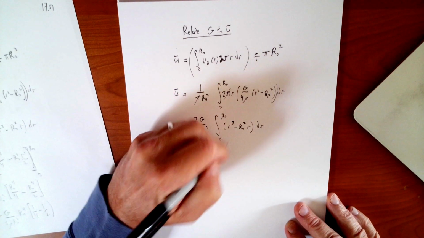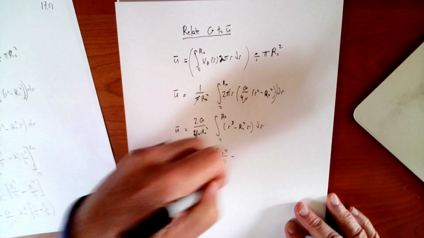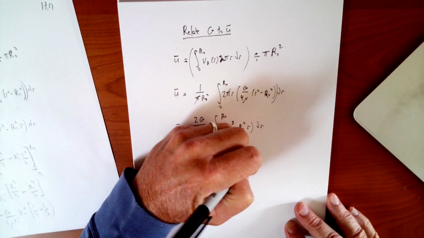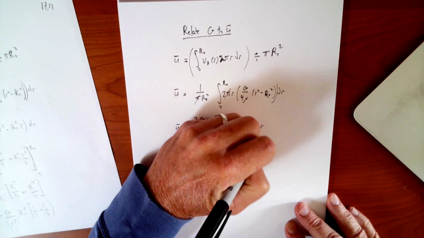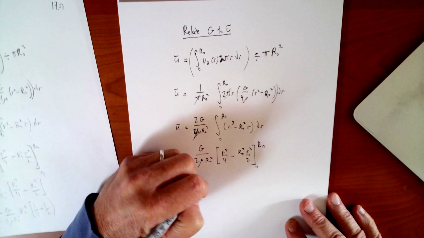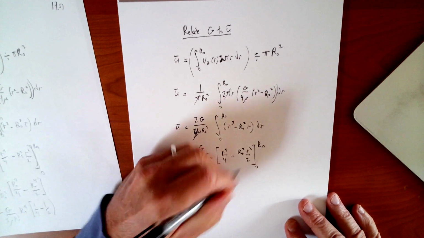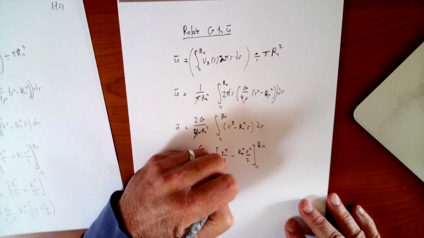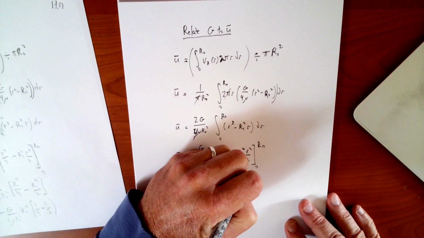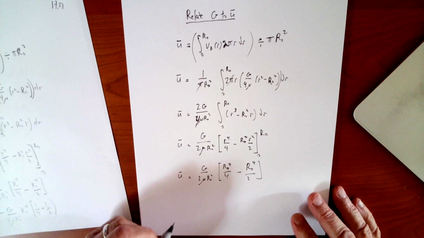And then I'm going to take this integral, so that's going to be r to the 4th over 4 minus r naught squared times r squared over 2, and that's all evaluated at 0 and r naught. So that's pretty easy. G over 2 mu r naught squared. Of course, r naught going in here, I get r naught to the 4th over 4. And I get r naught squared times r naught squared is r naught to the 4th over 2. So it's 1/4 minus 1/2 there.